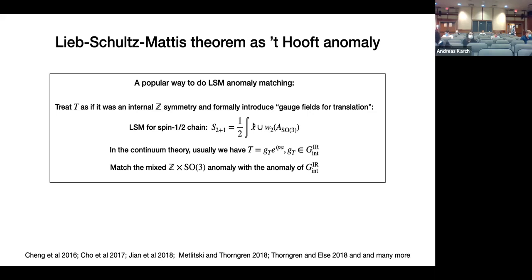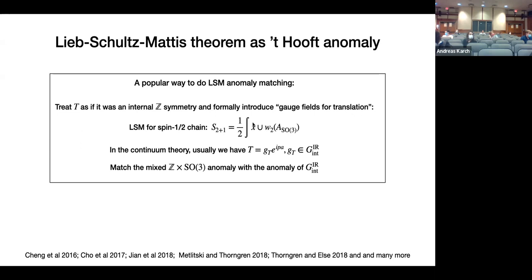Now, what happens in the continuum theory is that usually translation takes this form. Obviously it's going to contain the continuous translation. A is the lattice spacing, so e to the i momentum times a, just translating by that amount. And on top of that, there could be some discrete symmetries coming from the internal IR symmetries.